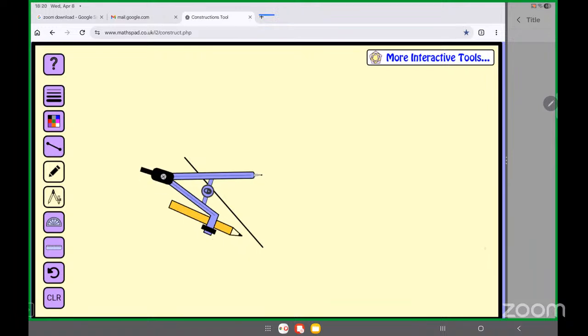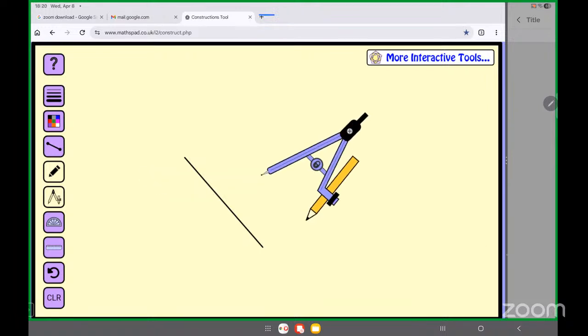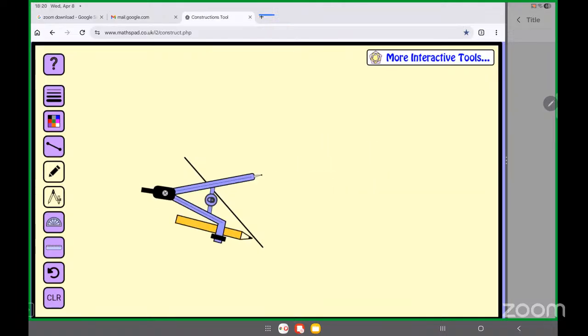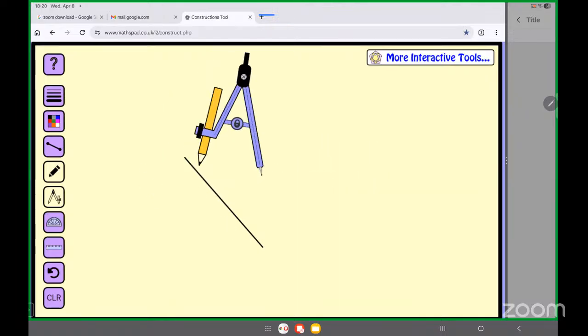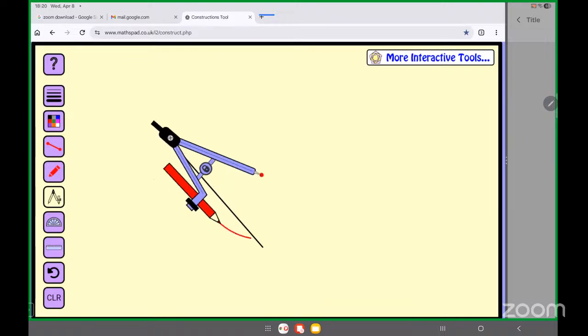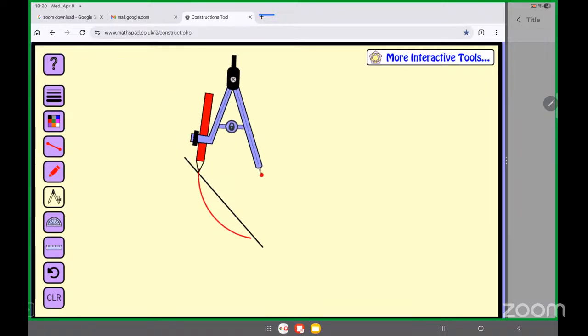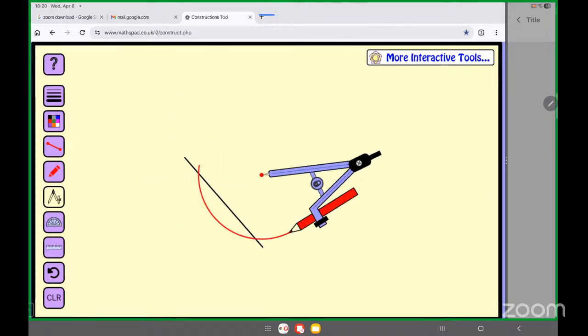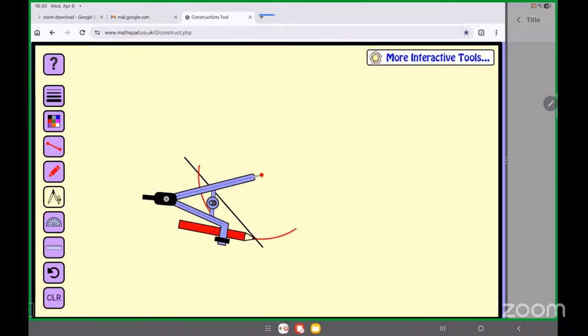This one will cross at 2 points, here and there. Once you realize that it crosses the 2 points, then go ahead and make the arc. So this is it. There and there. All right.